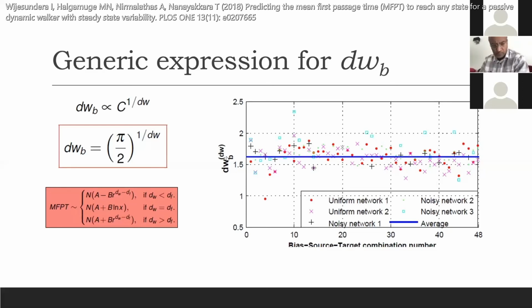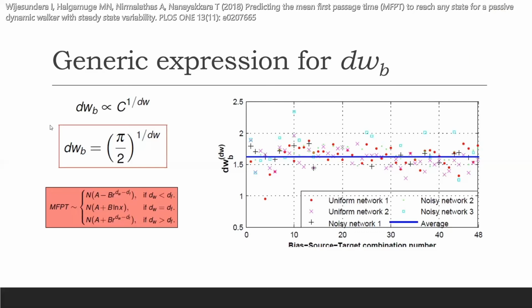In a real-time situation, because all of these converge into this equation, instead of using the conventional DW, we use this one. In a prediction, what we don't know is the mean first passage time, but we know N, R, DW, and DF.